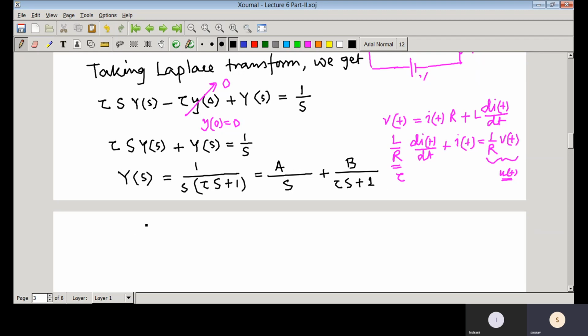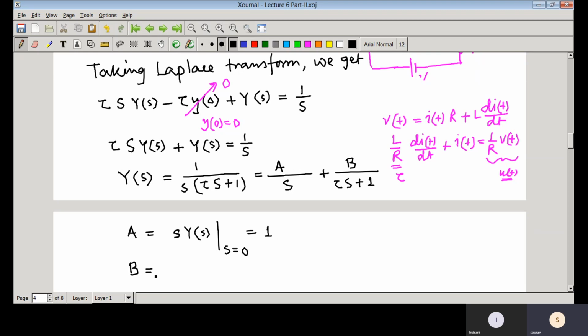Now you apply that Heaviside formula, that is a equal to s Y(s) at s equal to 0, so then you get 1.